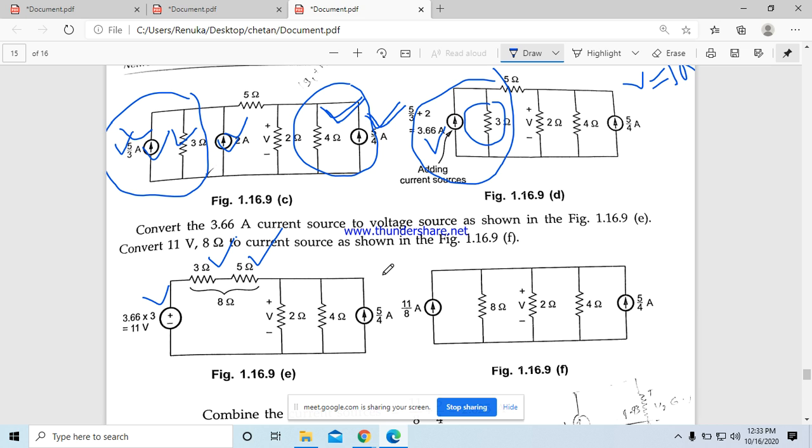Okay, tell me what is the next procedure they have followed. Anyone of you should answer this question. What procedure have they followed next? Anyone? So, converting voltage into current. Yes, voltage into current. Okay, tell me how they got 11 by 8.